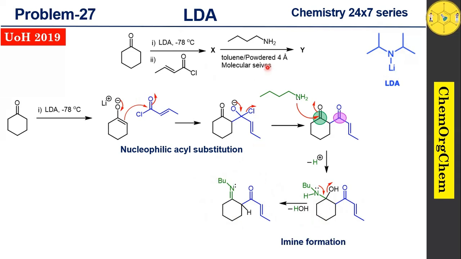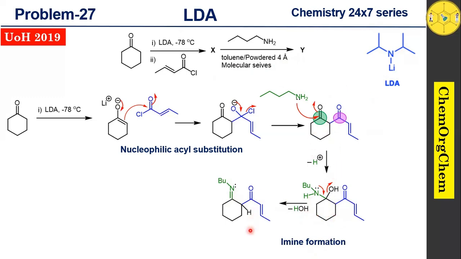Now, I should note here that the role of the molecular sieves is to remove this water molecule. We already know that imine formation is most of the time a reversible reaction. Therefore, if water molecules are present, they will attack this imine carbon and drive the backward reaction to produce the corresponding carbonyl compound.